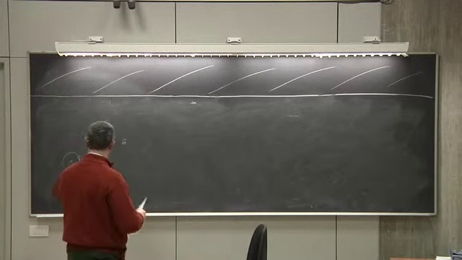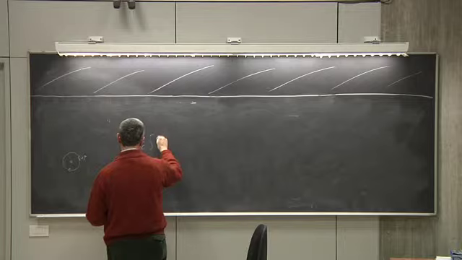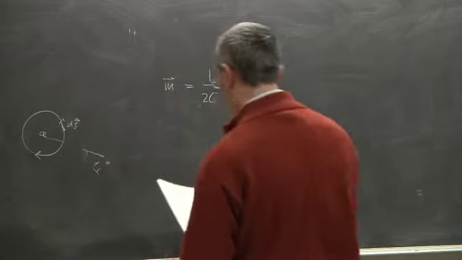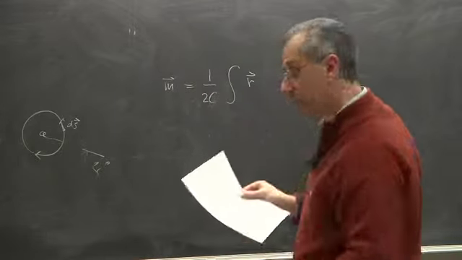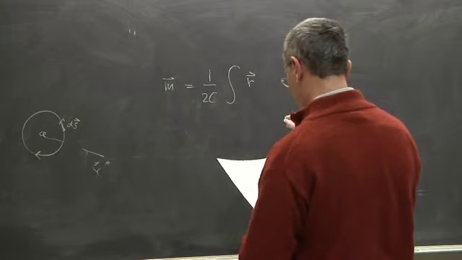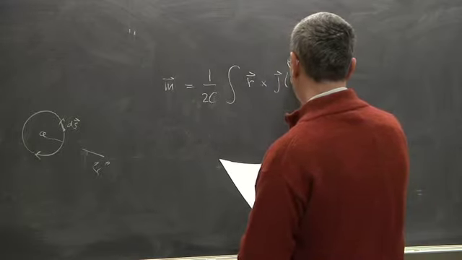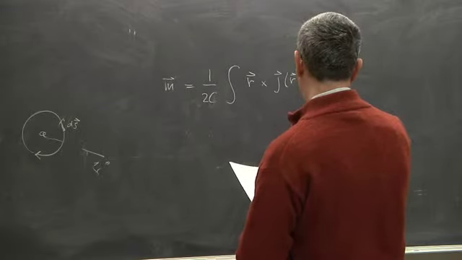This magnetic moment, well, I just used the definition, so it was 1 over 2c, the integral of r, so the magnetic moment here at the distance r from some point of this loop, it doesn't matter because I'm really far away. We said that is r cross j(r') d3r'.